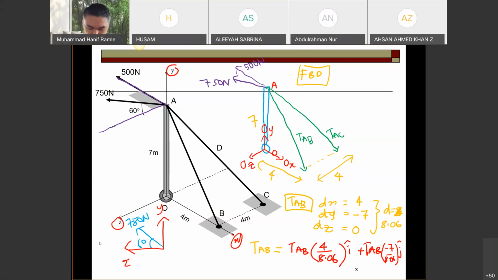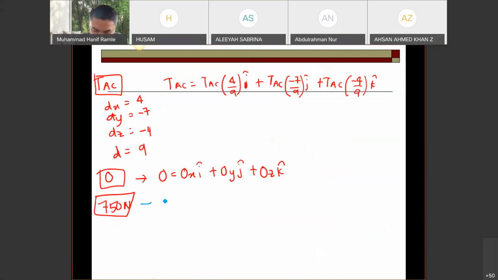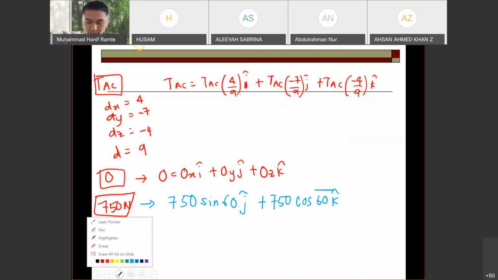For the Y component should be 750 Newton sine 60 J. And the Z component, 750 cos 60 K. This is your 750 Newton in terms of IJK form. Make sure that you understand the forces belong to which plane.